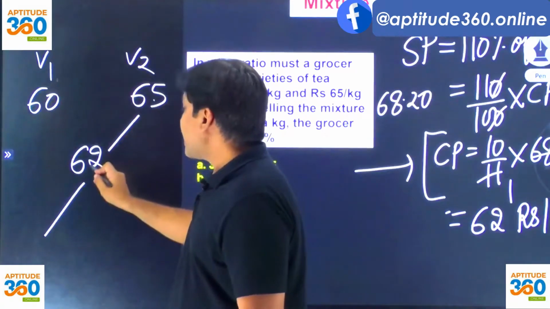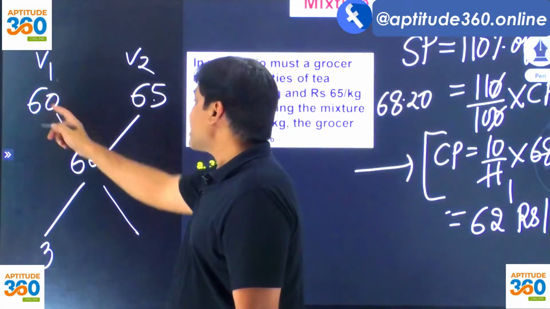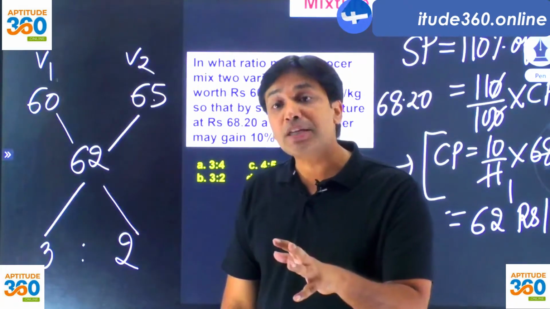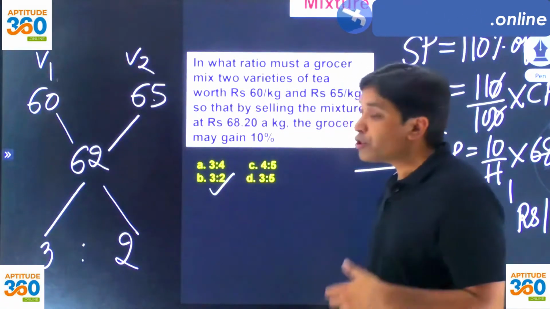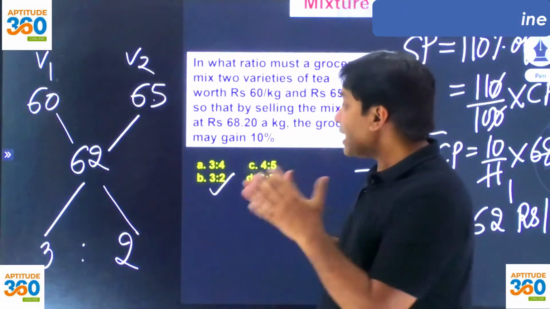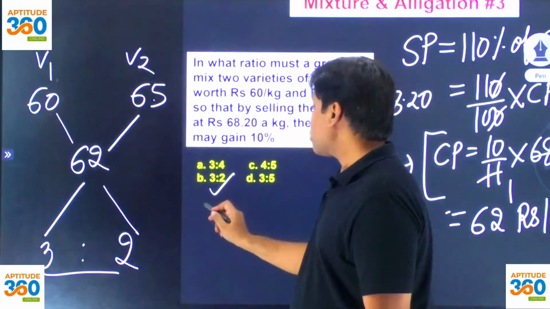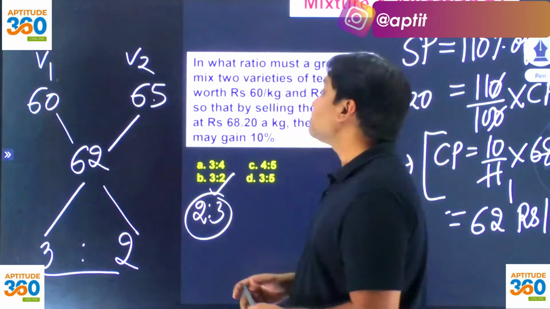So 65 minus 62 is coming out as 3, and 62 minus 60 comes out as 2. So variety 1 and variety 2 should be mixed in 3:2 ratio. So over here the answer is 3:2, and you should always be very careful when you're putting your answer, because sometimes when options are 3:2 and 2:3, this is where students tend to make mistakes, right?